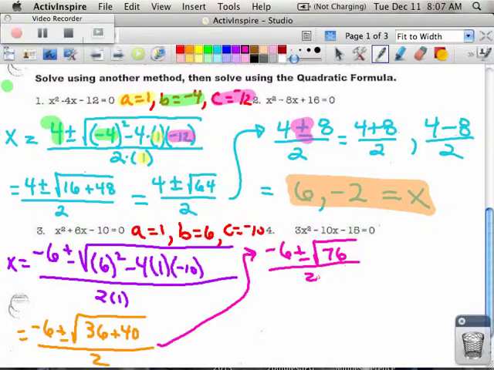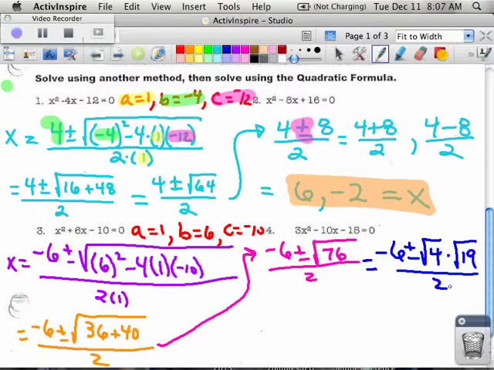And what that means for us is that when I simplify this, I need to rewrite it so that I can show that. So as I rewrite it, this means that I really have negative 6 plus or minus the square root of 4 times the square root of 19 all over 2, because 4 times 19 is 76.